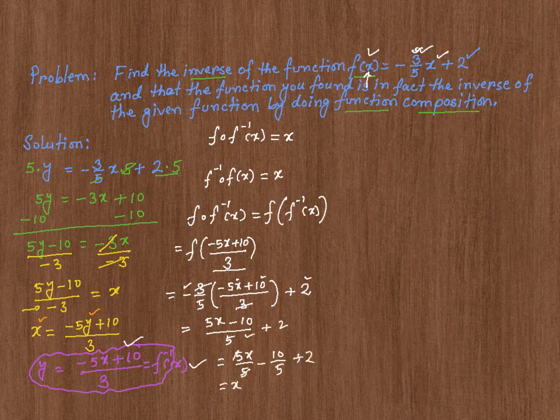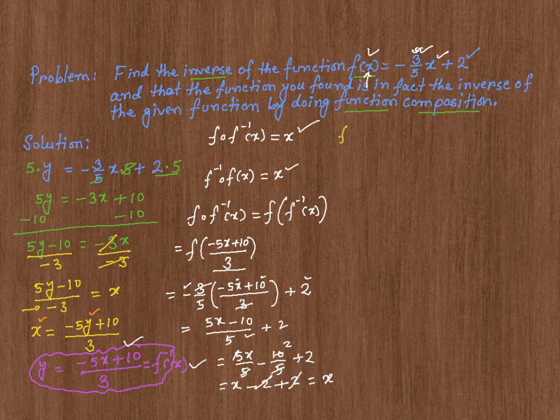That gives me x minus, 5 goes into 10 twice, so negative 2, then plus 2, which gives me x, because the positive 2 and negative 2 cancel out. So this one checks. Now I've got to do the exact same thing for the other one. So let's do that one.